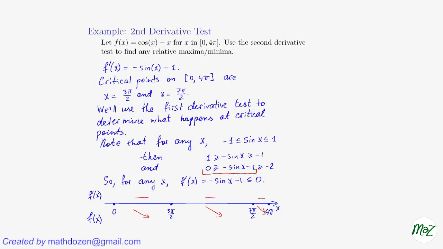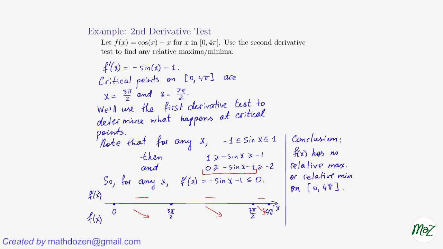Since the function is decreasing everywhere, there are no relative maxima, there are no relative minima for this function. So our conclusion is that the function has no relative maximum and no relative minimum on the interval from 0 to 4 pi.